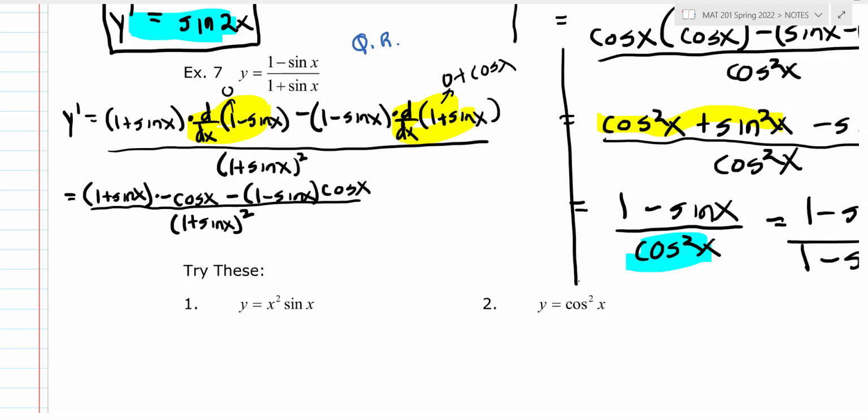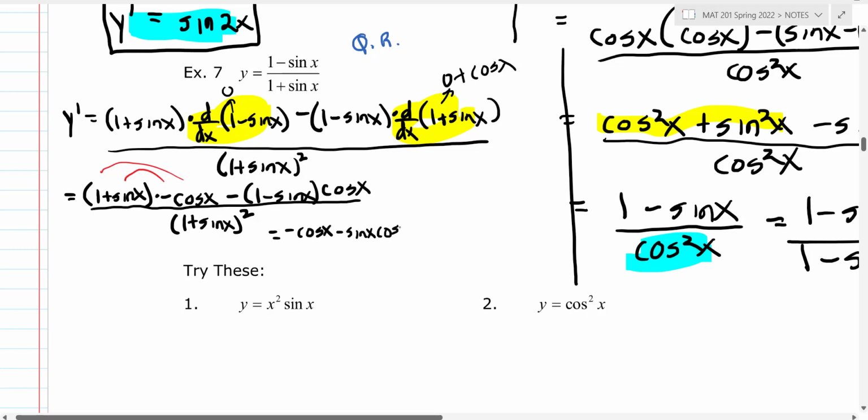Okay, so let's see. On this one, we could either factor the cosine out, or you could distribute. I think I'll just distribute on these things right here. When I do that, I get negative cosine x minus sine x cosine x. Okay, then I'm going to do this distributive property.